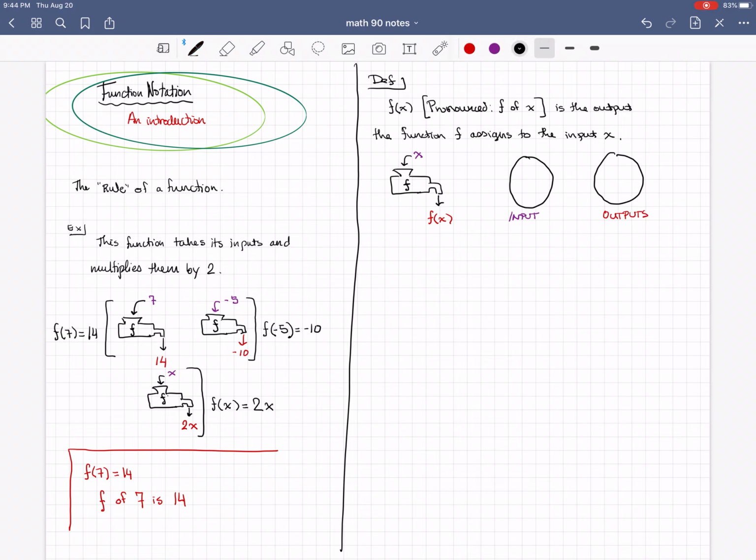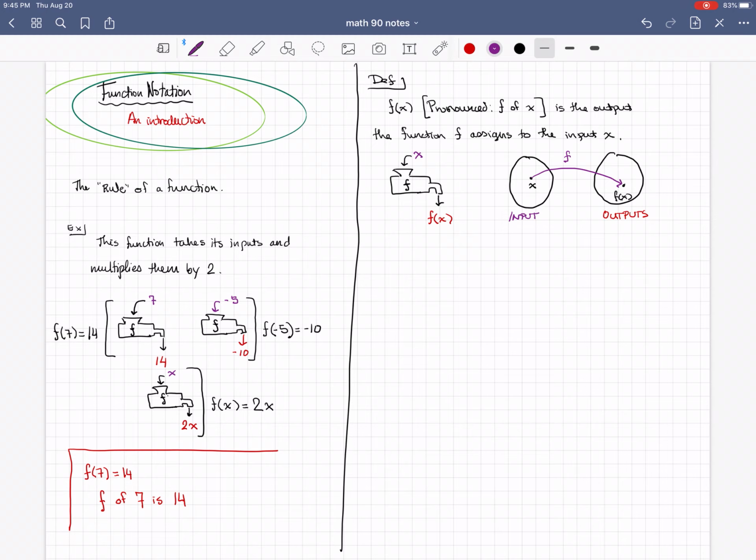Then x could be an input, f of x is an output, and the function f assigns x to f of x. So that again brings us back to the idea that the most important thing when it comes to functions is inputs and outputs.